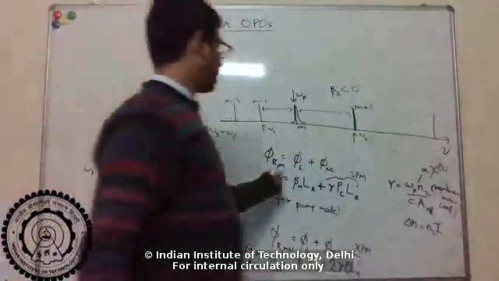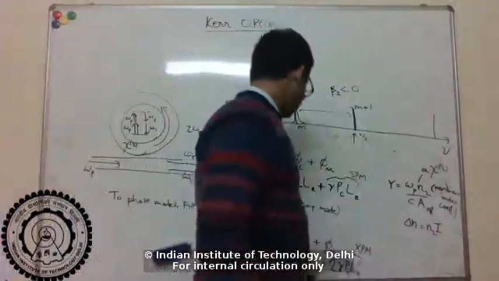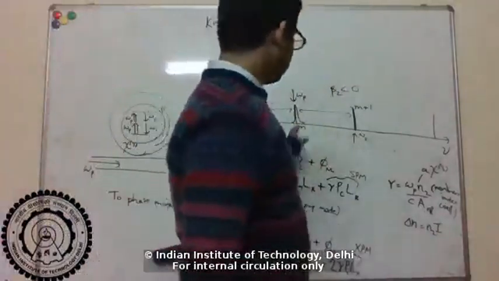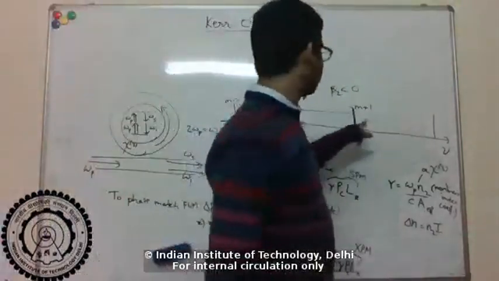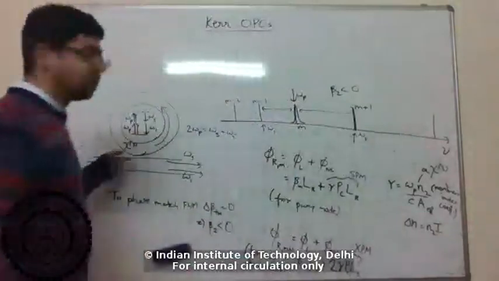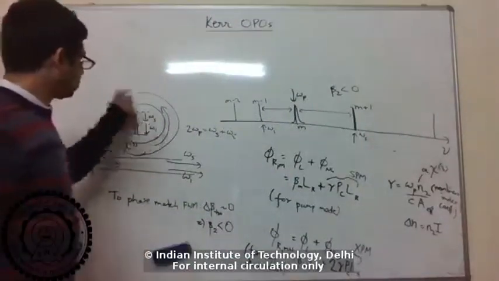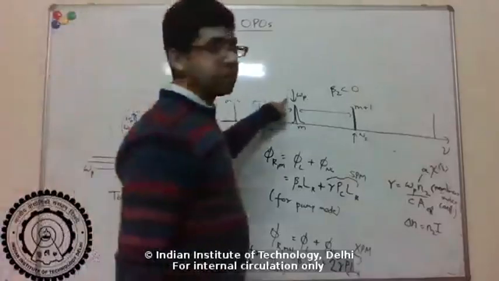So the pump acquires an extra phase shift gamma PL, whereas other modes acquire an extra phase shift 2 gamma PL. Of course, we can also consider self-phase modulation for these modes, but since we are only pumping at the pump mode, basically most or all of the intensity is only at the pump frequency.